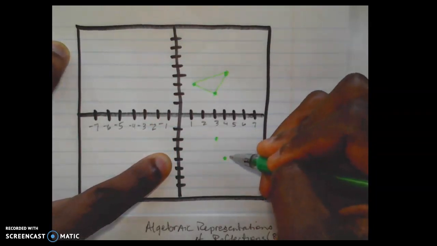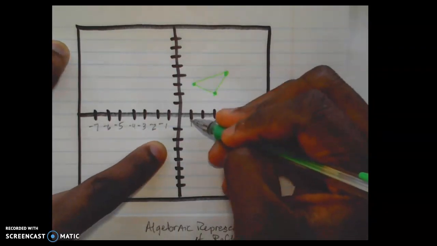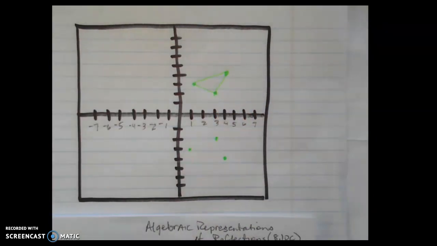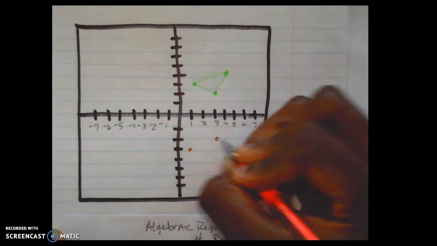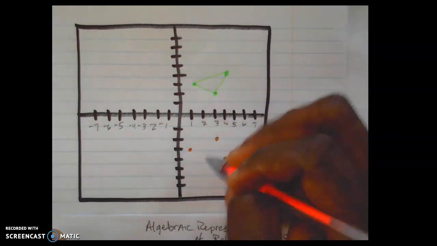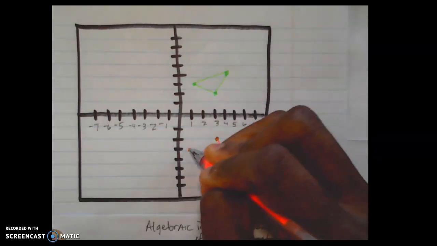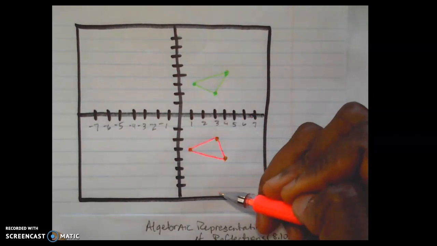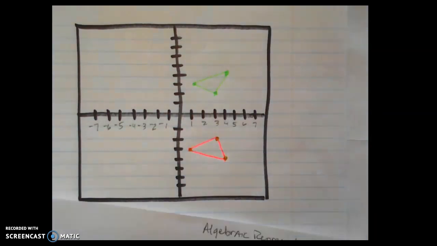And then we have 1, -3. Okay, and I was supposed to use the different color, so that's what I'm going to use now, sorry. Okay, so now when I connect these, if you notice, it is a reflection of the same shape across the x-axis.